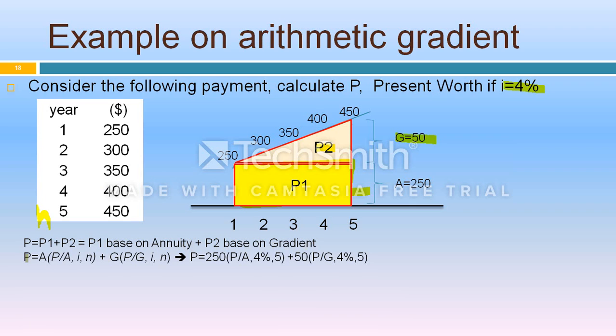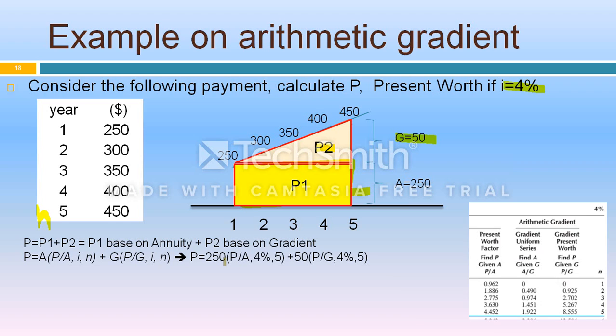Apply the formula or the notation and calculate. We will apply P, which is the total, P1 plus P2, equal. 250 is the annuity, right? As we said, we're finding P, so put the notation P over A. This is the P over A table for 4%.